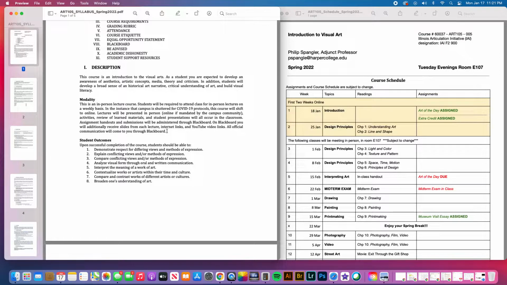Now, the modality of the course. This is important because this is the manner that the course will be delivered to you. This course is an in-person lecture course. Students will be required to attend class for in-person lectures on a weekly basis.